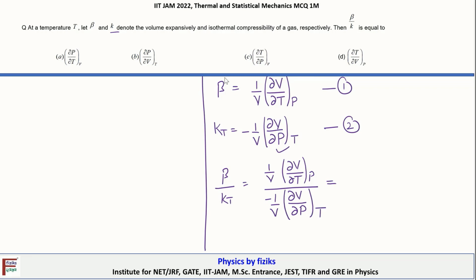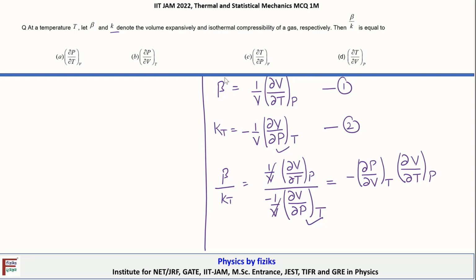After rearranging, this will cancel with this quantity, and this is equal to negative of, taking this quantity in the numerator, dP by dV at constant temperature, and then dV by dT at constant pressure. Okay, so here we will make use of the reciprocity theorem. So that is beta by kappa T.